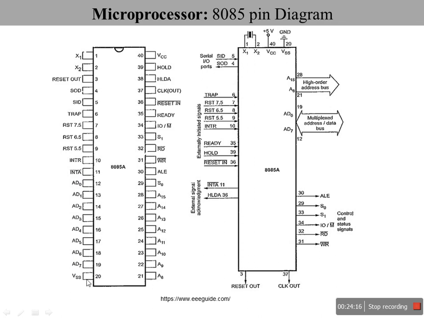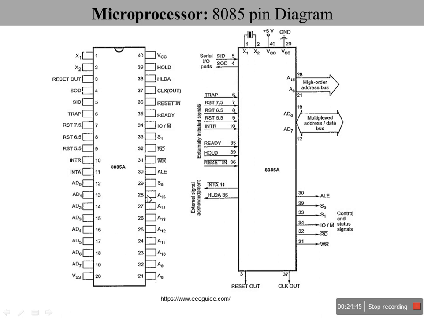Then next we have VSS, that is ground, pin 20. From 21 to 28 we have A8 to A15, the address lines. So 8085 has 16 address lines: A0 to A15, or AD0 to AD7 and A8 to A15. These pins are not time multiplexed, they are independent.